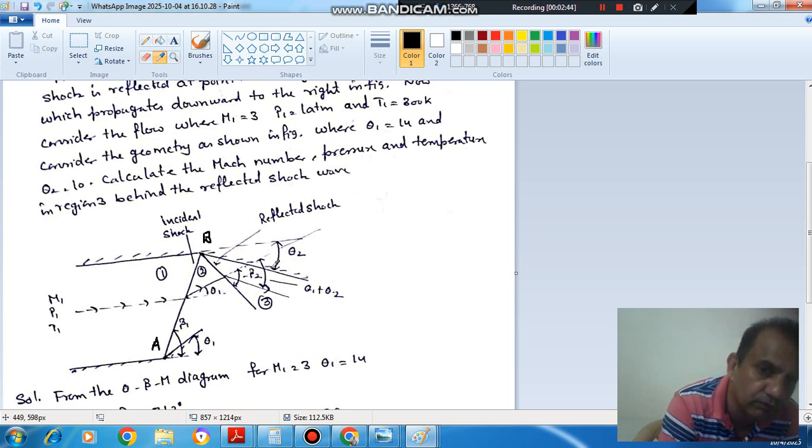So for the flow to remain parallel to this wall, the flow has to be bent by an angle theta 1 plus theta 2. If we bend it by theta 1, it will be like this. Now it has to be parallel to this wall, so it has to be bent theta 2 also. So the total angle will be theta 1 plus theta 2.